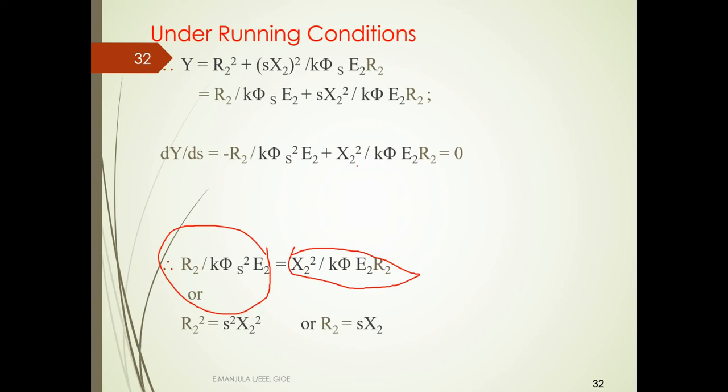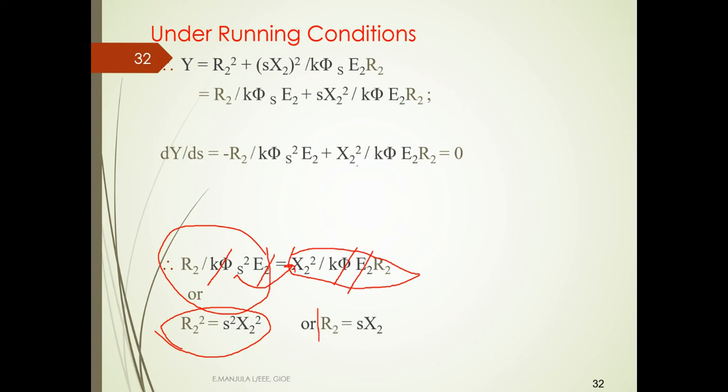or R2 square, because K phi and E will get cancelled. So R2 square is equal to, this S will go here, so S square X2 square.